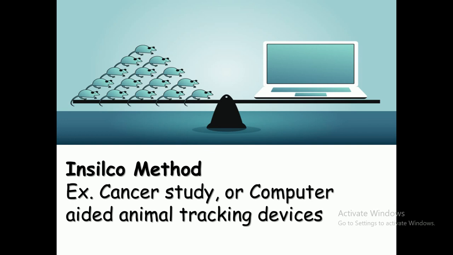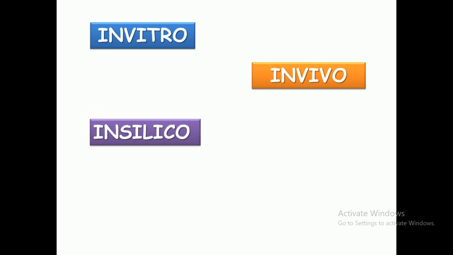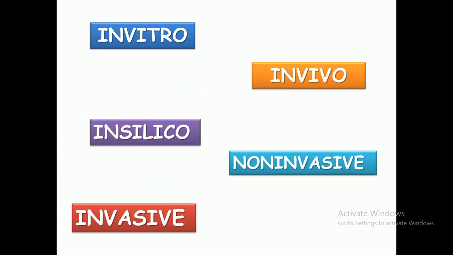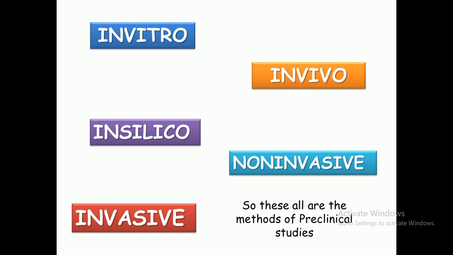Some cancer studies you can easily predict by computerized methods, for example which kind of effect a particular drug has on which organ. We have already covered what is in vitro, in vivo, in silico, invasive and non-invasive. These are all the methods for preclinical studies.